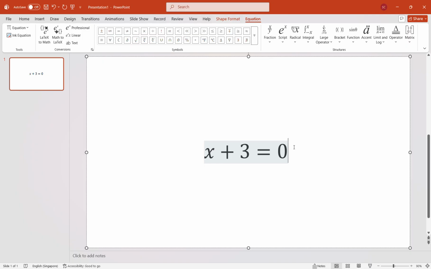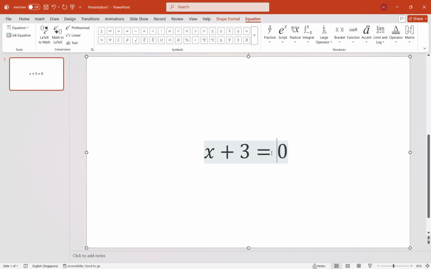Now, before we get into actually solving them, we need to learn what an expression is. An expression is basically an equation that makes it true. So, for example, x plus 3 is an expression. x plus 3 equals 0.